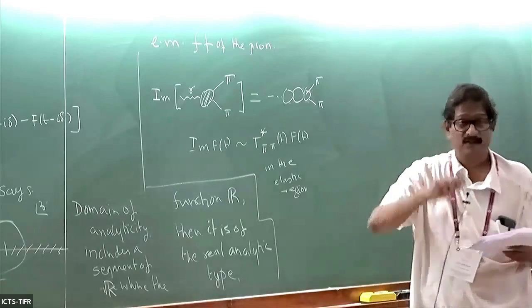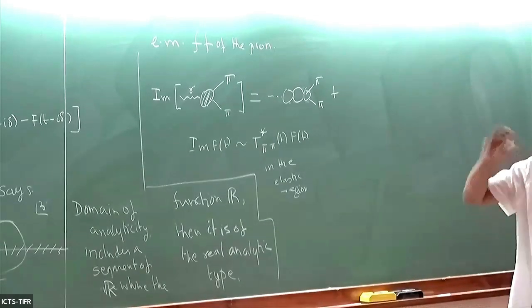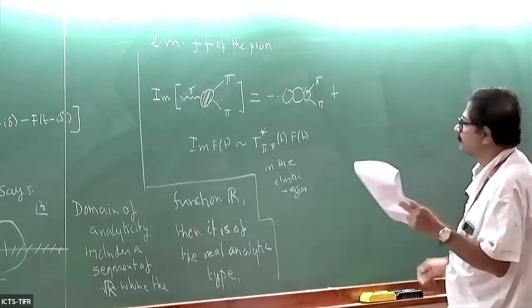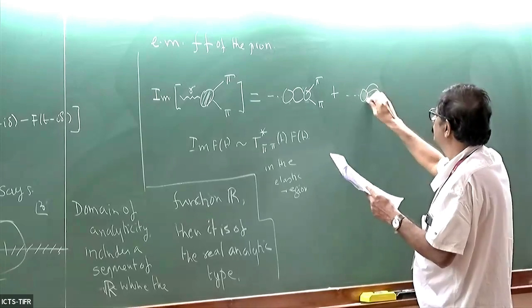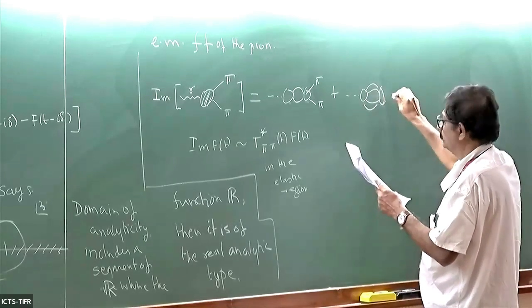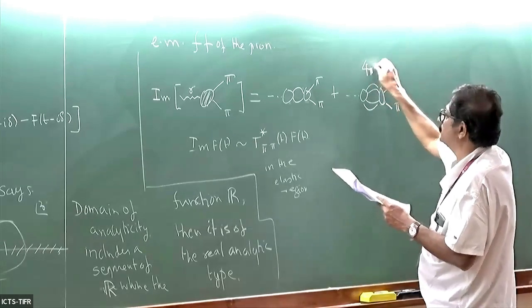And to answer the question my friend asked, there are obviously other diagrams also as the center of mass energy increases. So you may have something like production of 4 pions like this, if the energy is high enough. So 4 pion intermediate state.